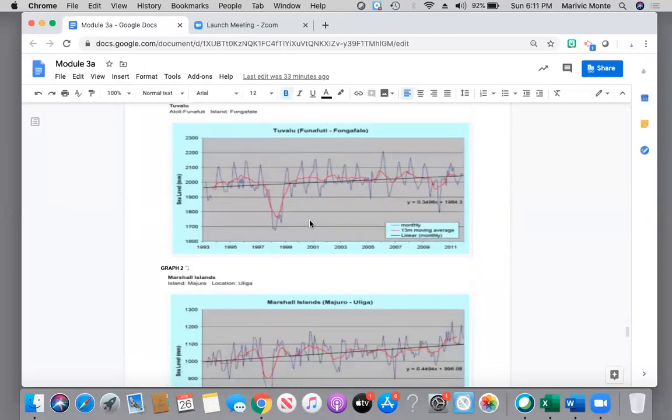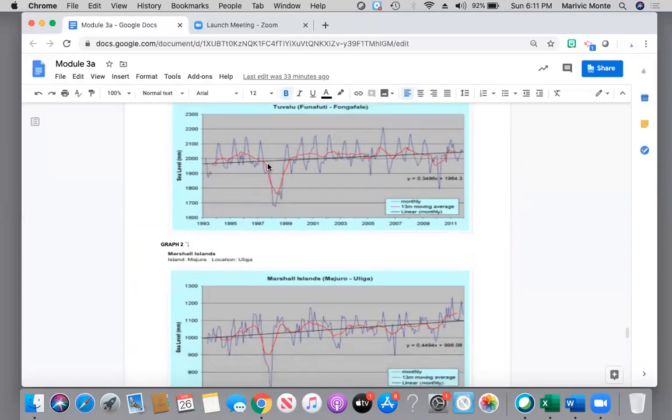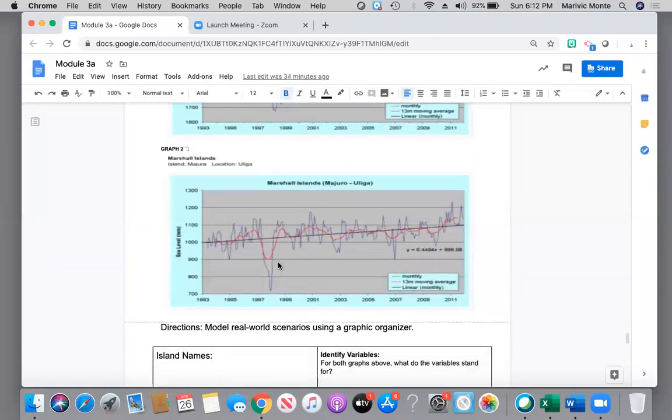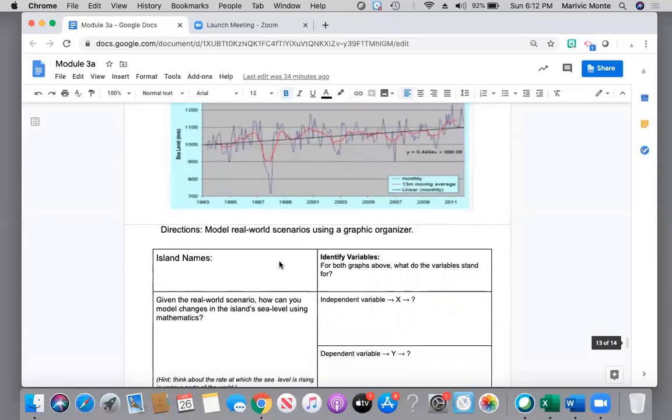So these two graphs, real world graphs, already have regression lines. So you will focus on the black line for easier interpretation of values. Although the actual graph in the real world situation uses the blue lines and the red lines, you will be using the black lines in this particular exercise for both graphs.